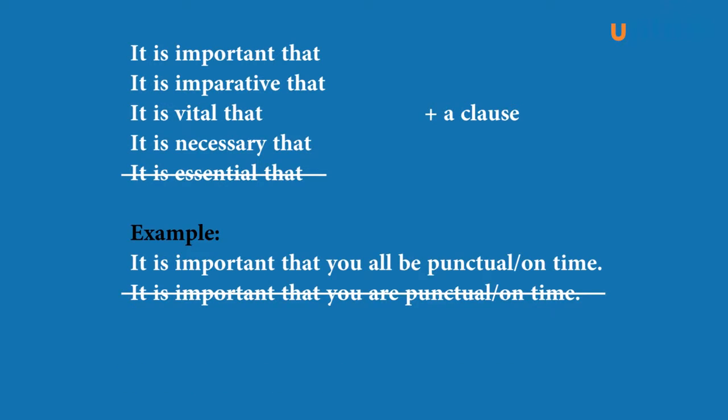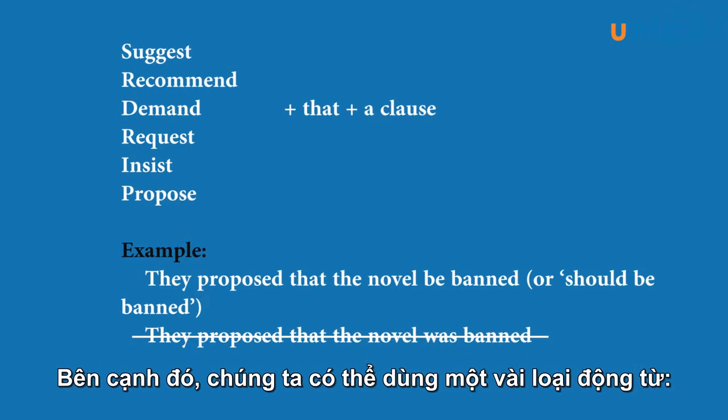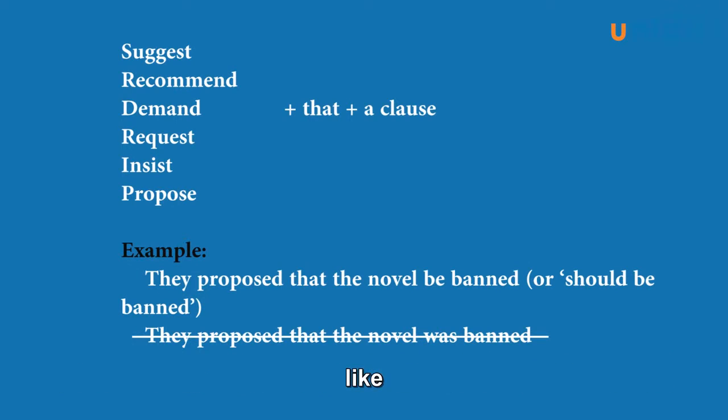Excellent. In addition, we can use several kinds of verbs, like suggest, recommend, demand, request, insist, and propose. If you want to give an order or if you want to give a suggestion. And after the word that, we're going to use a clause.